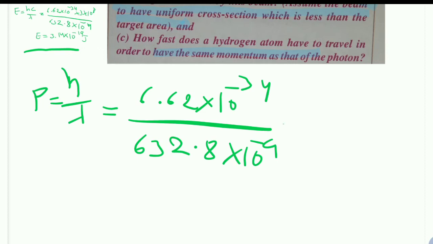After solving, 1.05 into 10 to the power of minus 27 kg meter per second.